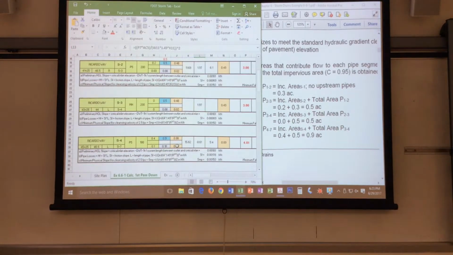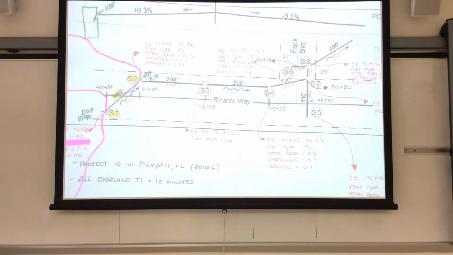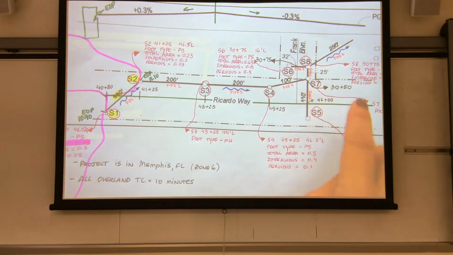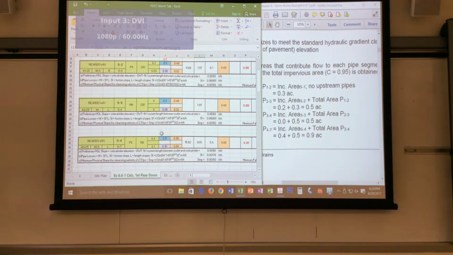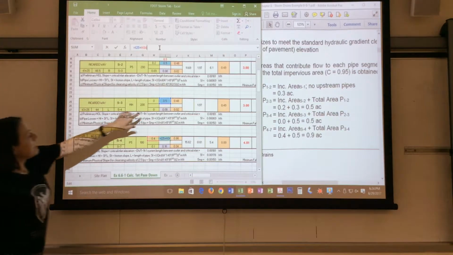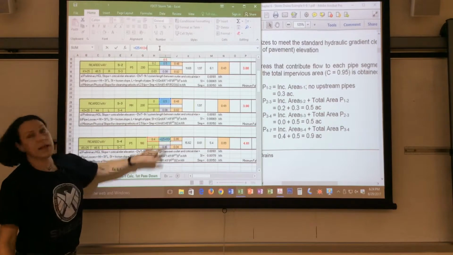The next one says structure 4 to structure 7. So if I look at structure 4 going to structure 7, then in structure 7, I have 0.4. If you look at this equation, all it does is take the previous one and that one and add it together.